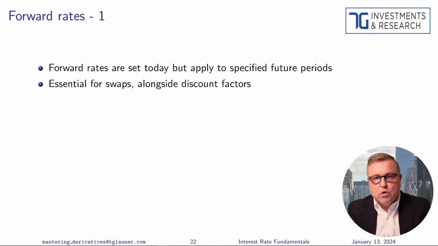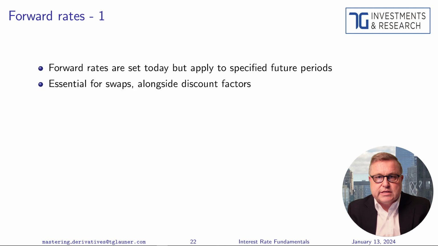To price a swap accurately requires projected cash flows that occur in the future and discount factors to present value these cash flows. Swaps typically have a fixed leg and a floating leg. The floating leg relies on these forward rates.